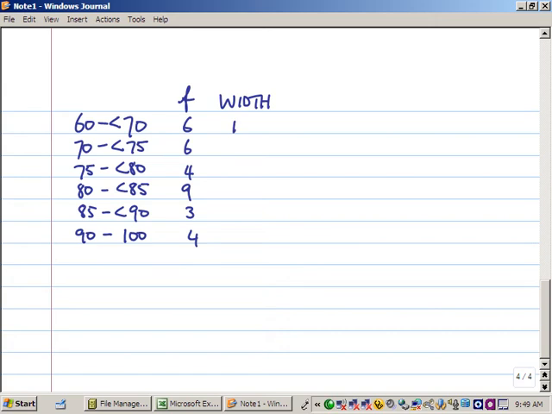The width of first interval is 10, next one 5, 5, 5, 5, and 10 again. So let's have a column for relative width, and this is arbitrary. So let's say if I say that the first interval has a relative width of 1, alright, so if 10 is equal to 1, then 5 is equal to a half.